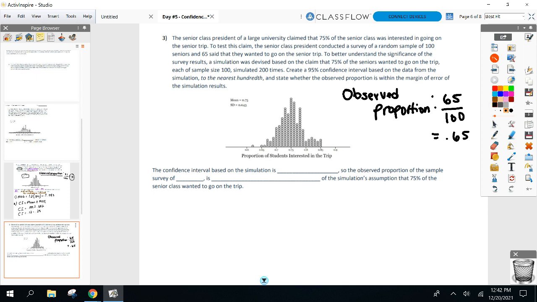Margin of error: plus or minus 2 times. Which one do I use there? 0.043.